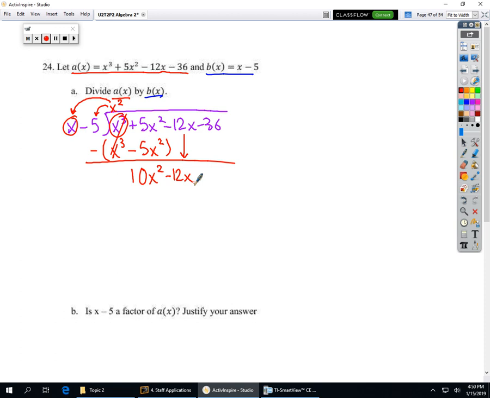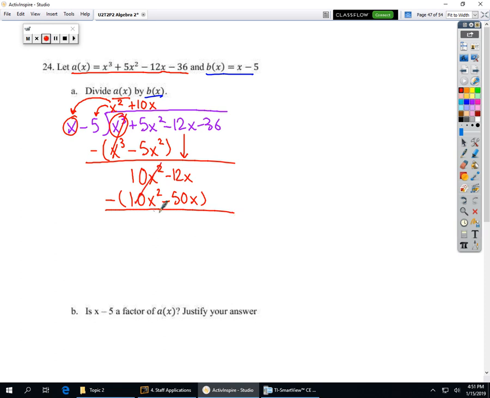So great. What do I multiply the x by to make a 10x? That's a 10. 10 times x is 10x. So 10x times x gives 10x squared, and 10x times negative 5 is negative 50x. Subtracting, these are gone.